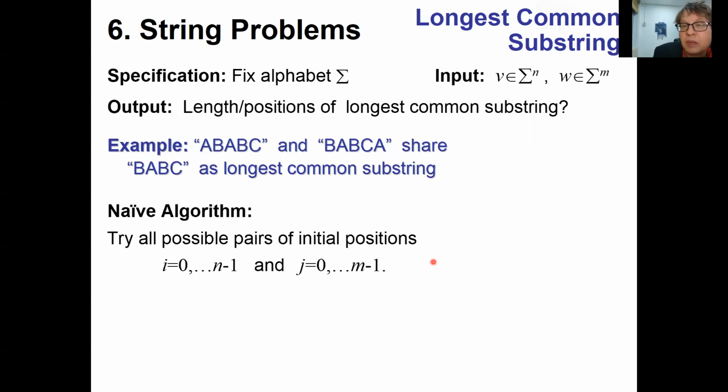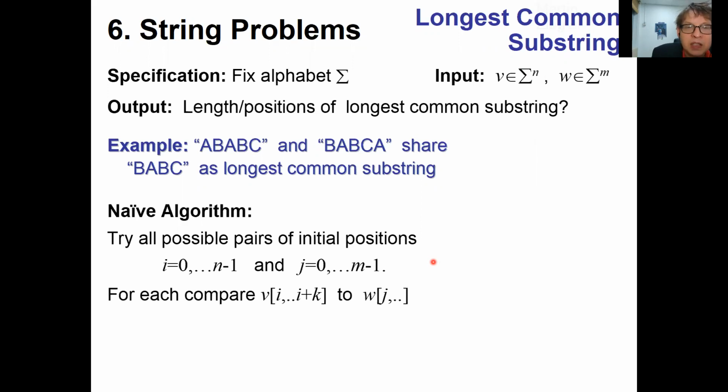Imagining two loops, refrain from stating this as pseudocode. Imagine here these two loops, I and J, I running over all symbols in the first input string, J running over all symbols in the second input string.